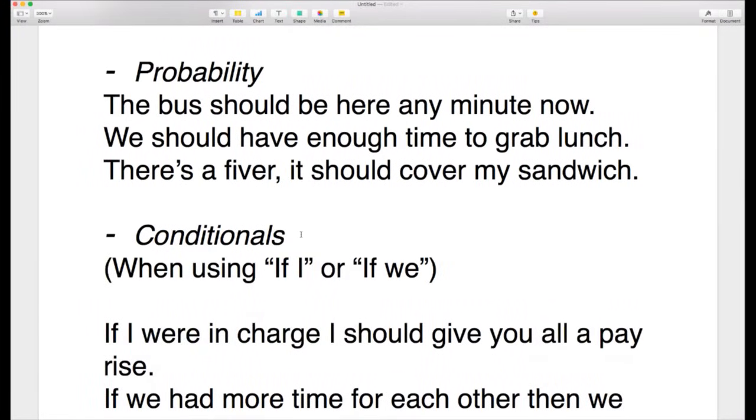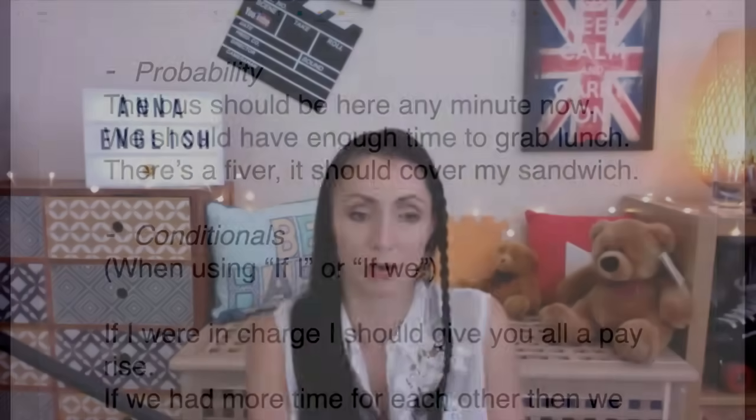Okay, so the next time that we'll see the word should is if we're using conditionals. Now, you know how I feel about grammar, and the word conditionals just makes me go, oh. So, in very basic terms, if we say, if I, or if we, in a sentence, then we can use should.